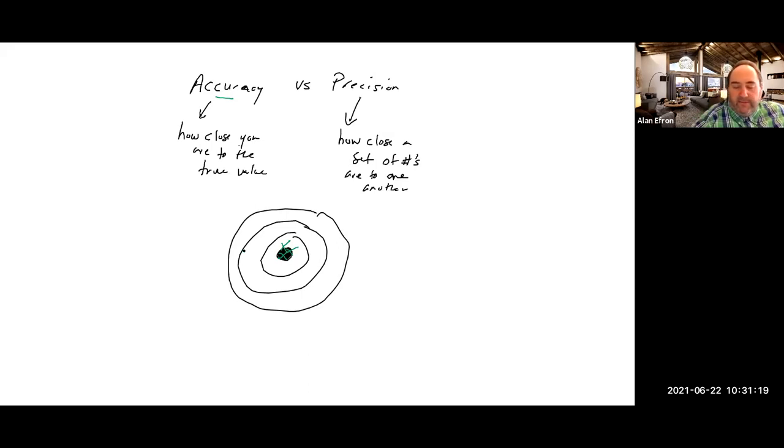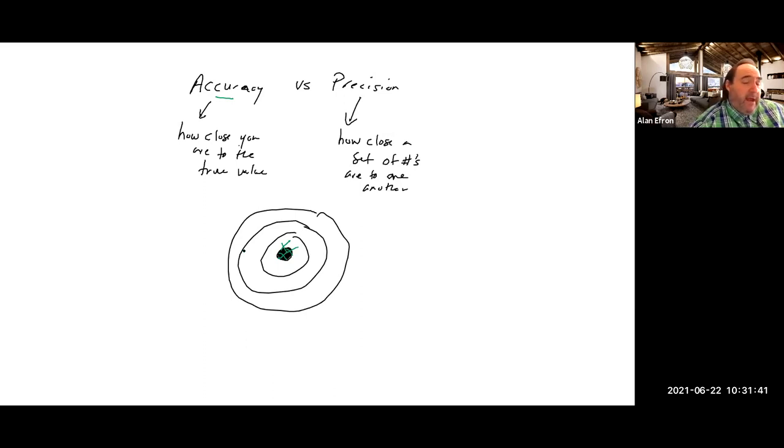So a lot of times if you're accurate, you probably have a fairly good degree of precision with your measurement. But again, we do look at precision when we do multiple trials. Sometimes we calculate things like percent precision. It gives us an understanding of how repeatable an experiment is.